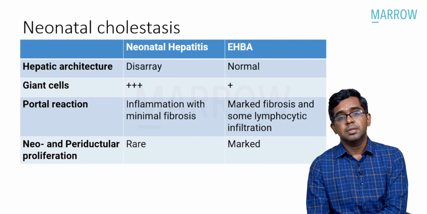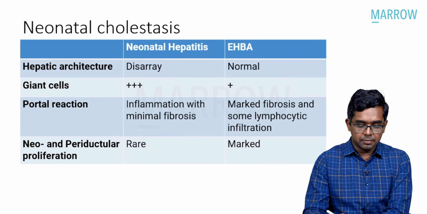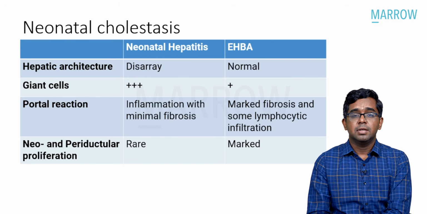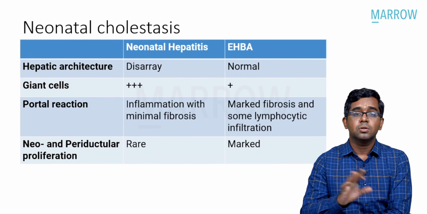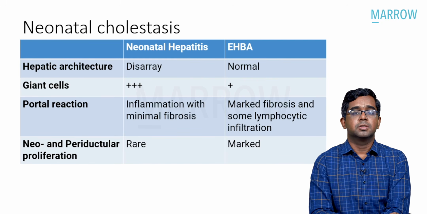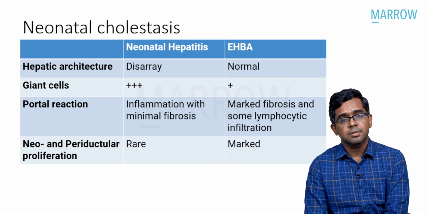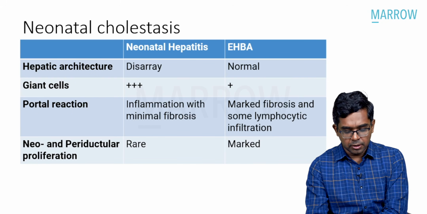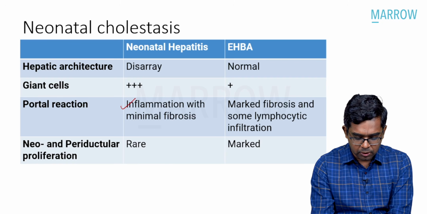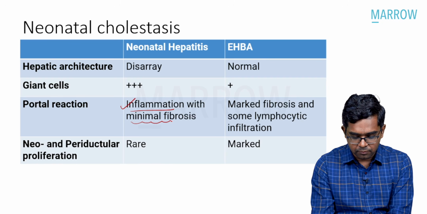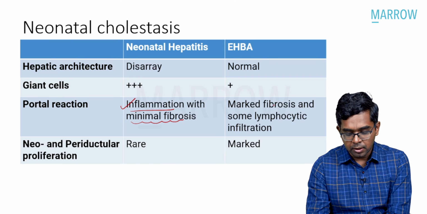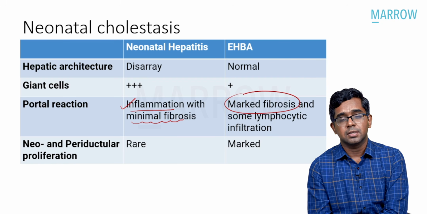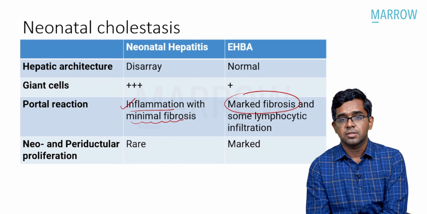Giant cells, please remember, are very characteristically described with neonatal hepatitis, but the point to be noted is they can also be seen in biliary atresia, so it is not actually a differentiating point between the two conditions. Then the portal reaction, that is the portal triad area. You get intense inflammation in neonatal hepatitis with only minimal fibrosis, whereas in extrahepatic biliary atresia, there is marked fibrosis, and only a very small number of inflammatory cells like lymphocytes will be present.